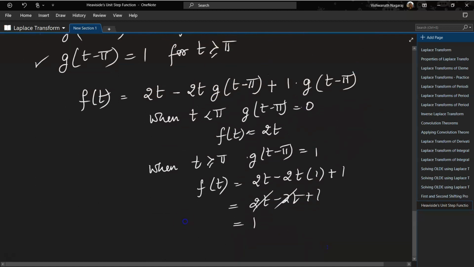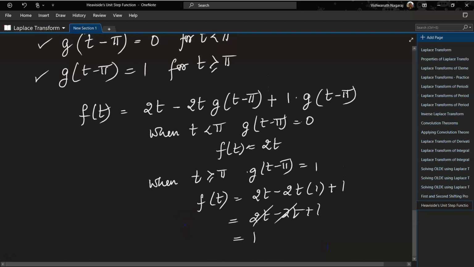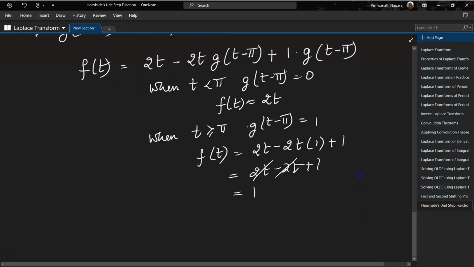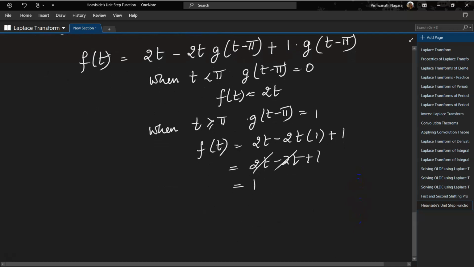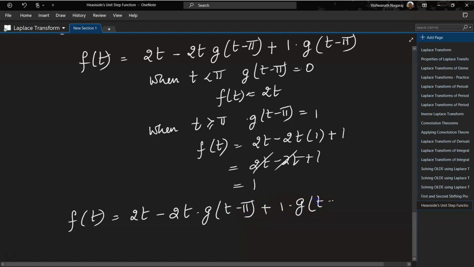So basically what have we achieved? We have got a function g of t minus pi, which we have incorporated into f of t. So f of t is equal to 2t minus 2t g of t minus pi plus 1 times g of t minus pi.